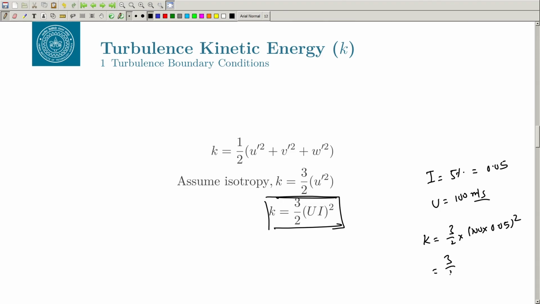So, basically 3 by 2 into 5 square. So, that will be the value, it is like 37.5 meter square per second square. That will be the value of the turbulence kinetic energy. So, this is how you calculate the turbulence kinetic energy based on the intensity and the mean flow.